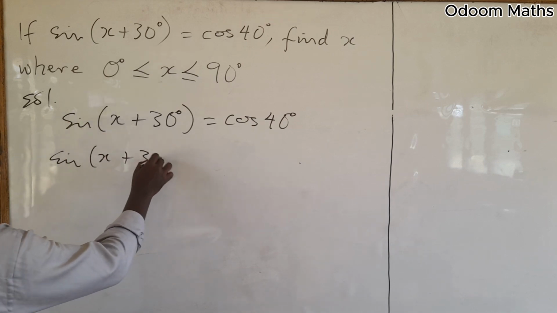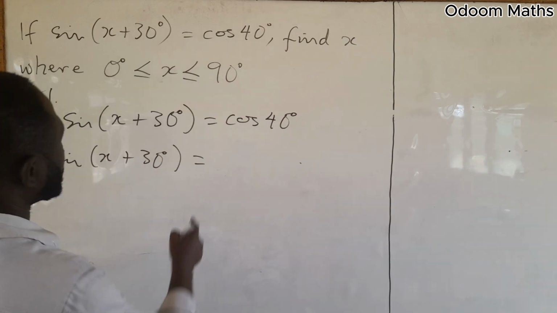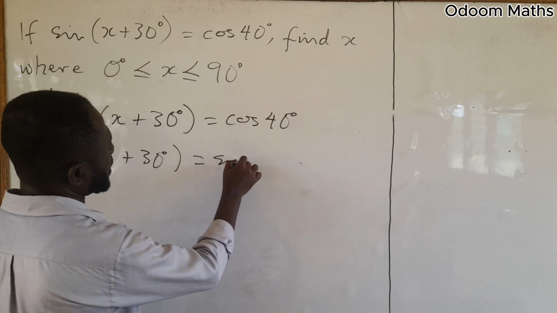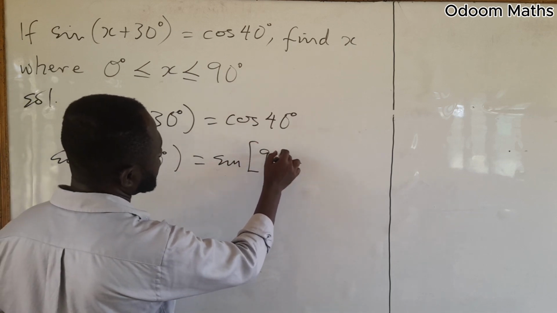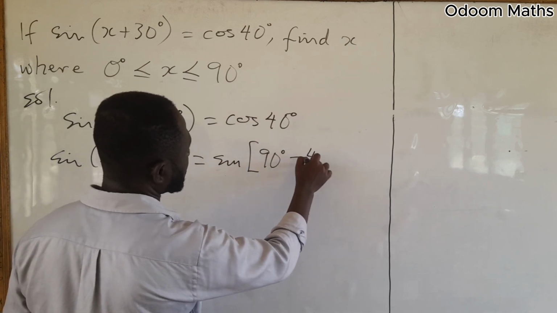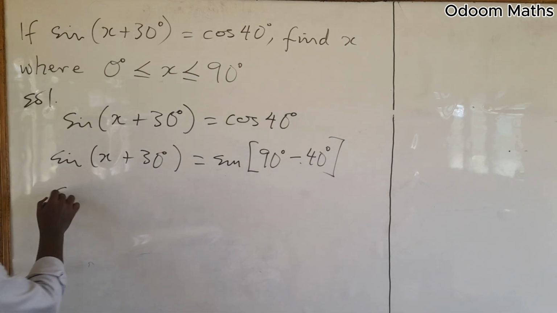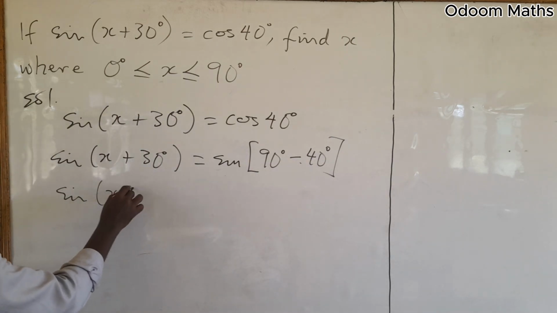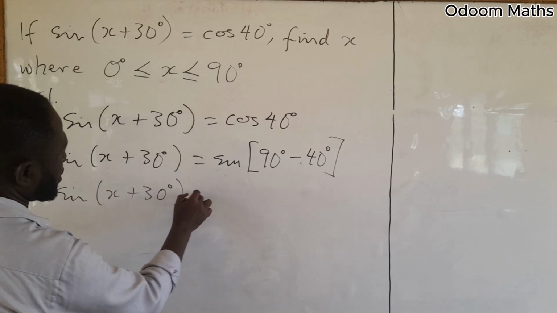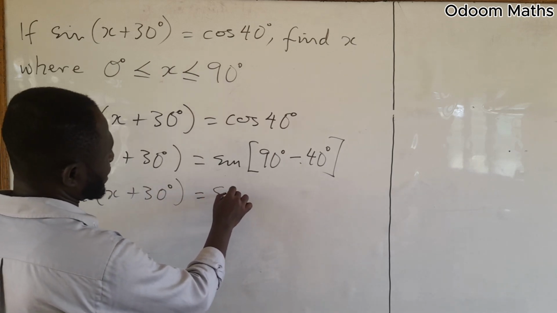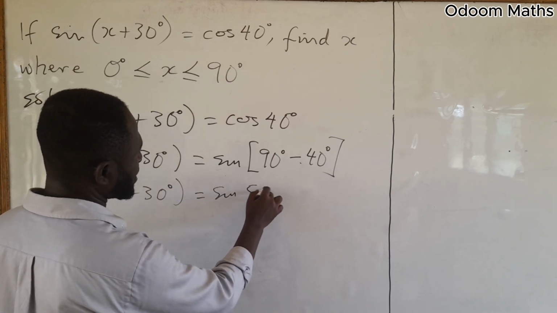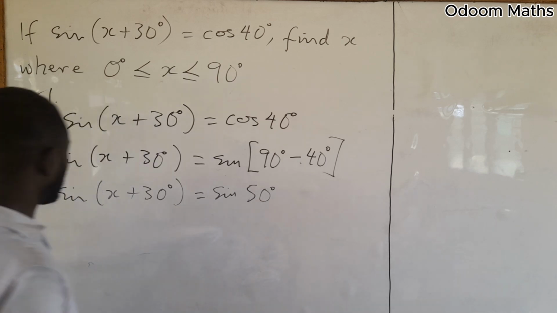So sine of (x plus 30) is equal to sine of (90 minus 40). That is complementary angles. So sine of (x plus 30) is equal to sine 50.